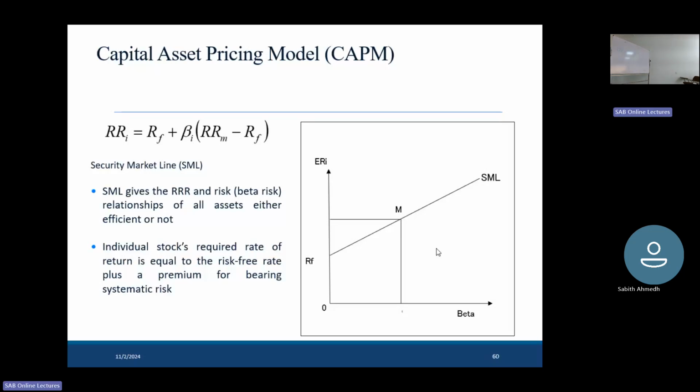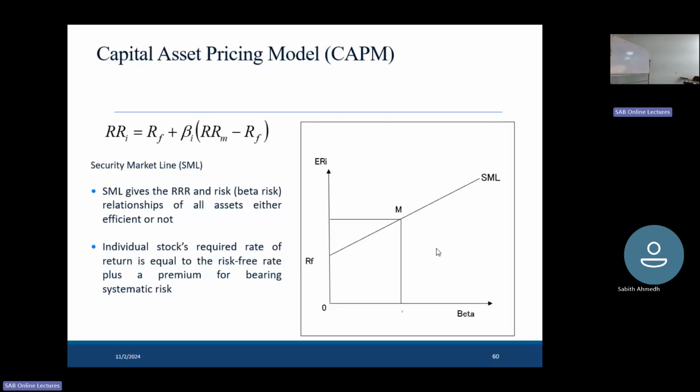If your portfolio is somewhere here, that is overvaluation. So in financial management we use CAPM to identify overvalued and undervalued stocks. I'm not going to discuss this in detail, but if stocks lie on the SML, they are correctly priced according to their systematic risk.